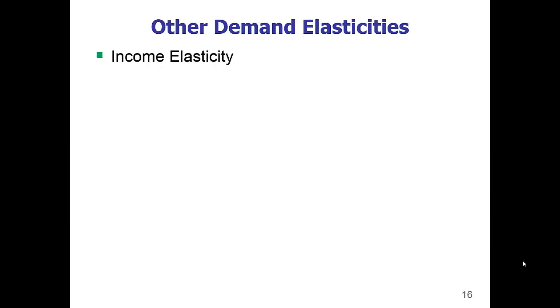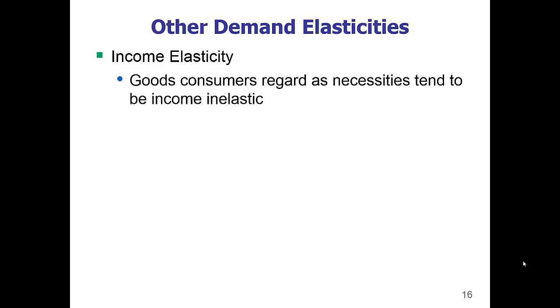We can also look at the income elasticity and determine whether consumers look at this good as a necessity or not. If the value of the income elasticity of demand is fairly small and positive, then this suggests that the good is determined to be a necessity.